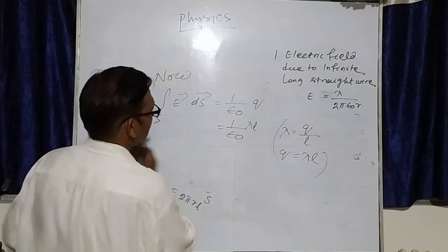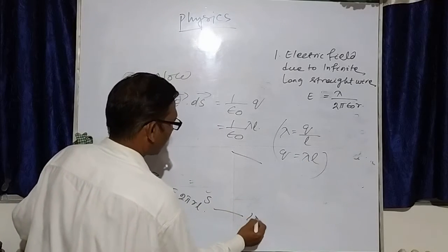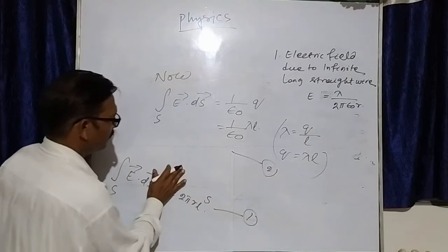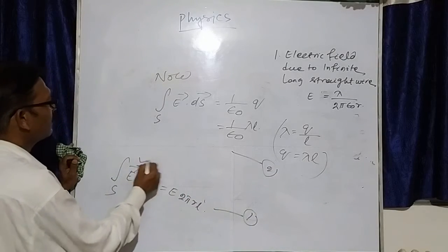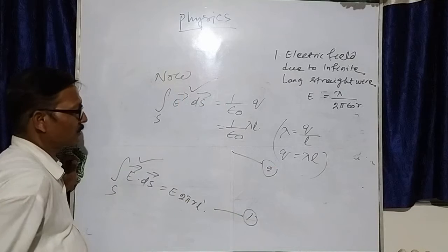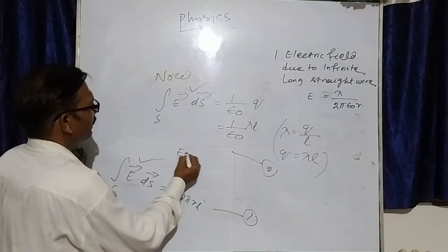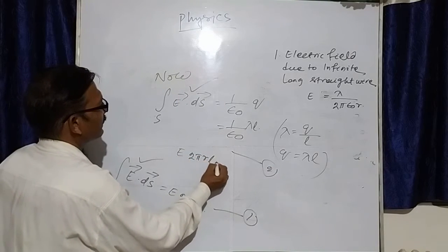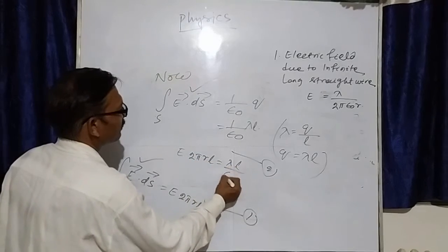Now this is equation 1, this is equation 2. From 1 and 2, both are the electric flux, so equate 1 and 2: E 2 pi r L is equal to lambda L by epsilon 0.